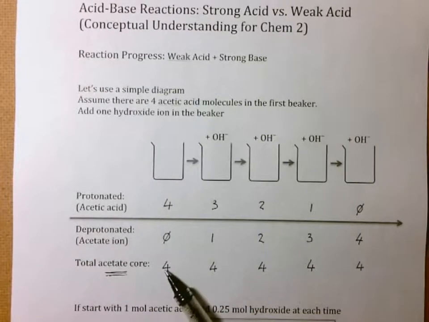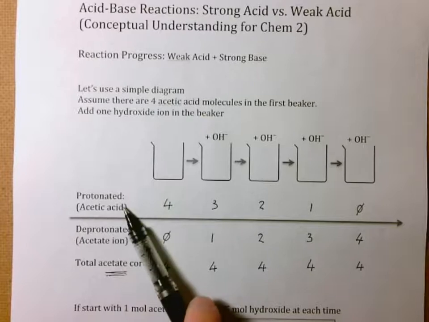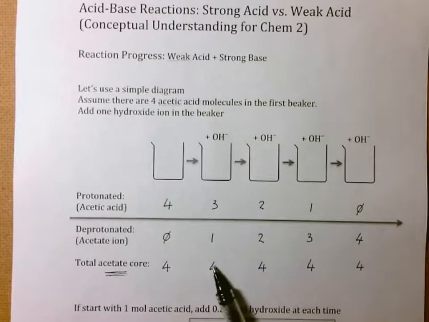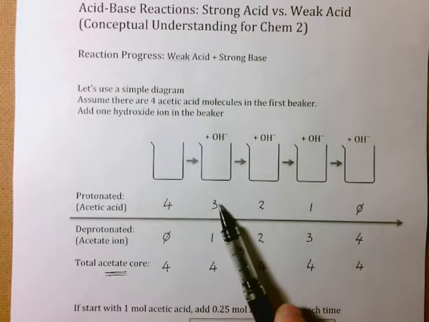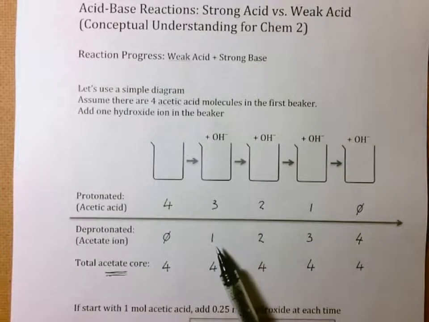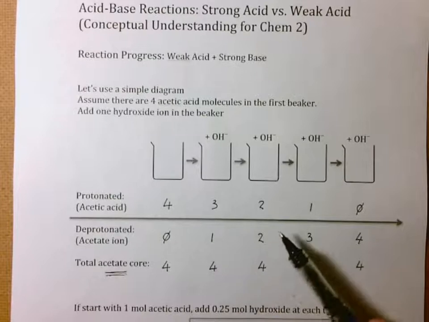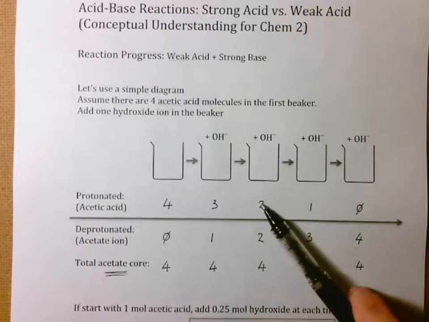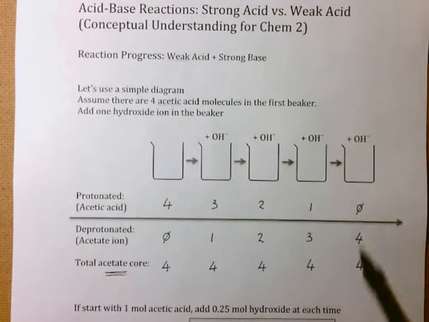If all 4 of them hold on to the proton, you have 4 acetic acid. If 3 of them hold on to a proton, you have 3 acetic acid. 1 is just acetate core. If 2 hold on the proton, you have 2 acetic acid, and so on and so forth.